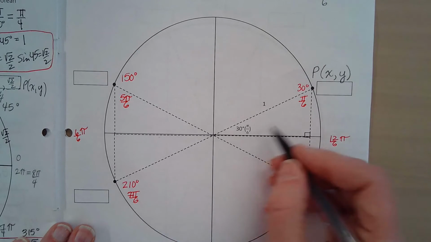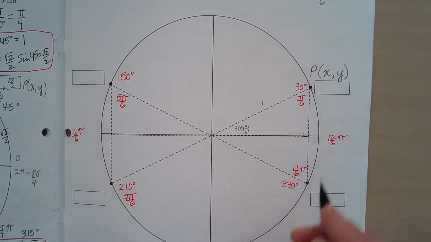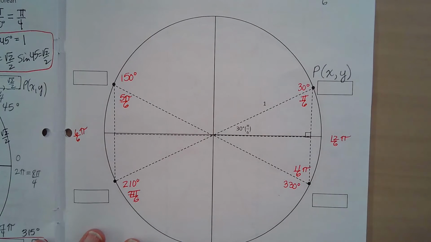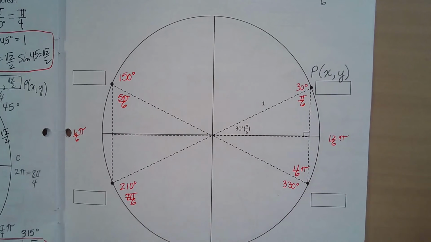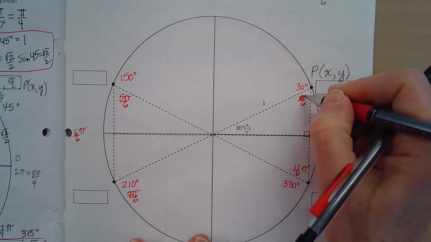So I take a look at this triangle, and you know what, I should have thought ahead. Let me just see if I have my little eraser. I don't want that pi on 6 down here. I'm just going to move my pi on 6 up here.